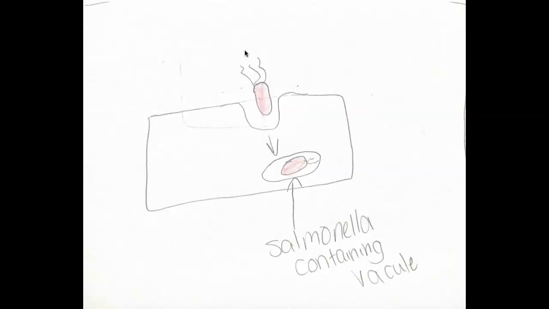And once the Salmonella interacts with the epithelial cells, it secretes toxins, which trigger the host cell, which results in the induction of membrane ruffles, which allows the Salmonella cell to be engulfed by the host cell. And you can see that happening here. And that makes a Salmonella-containing vacuole where the Salmonella cell can start to hyperreplicate, and that is how infection begins.